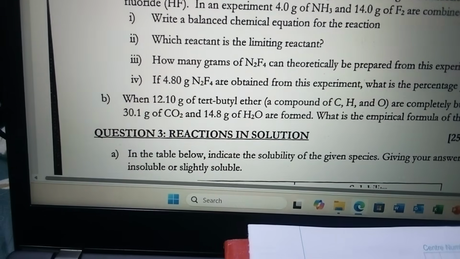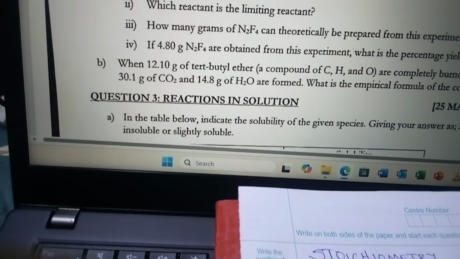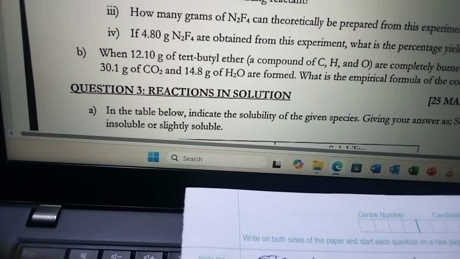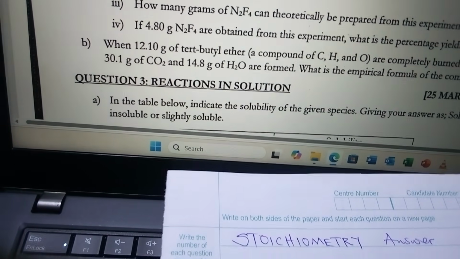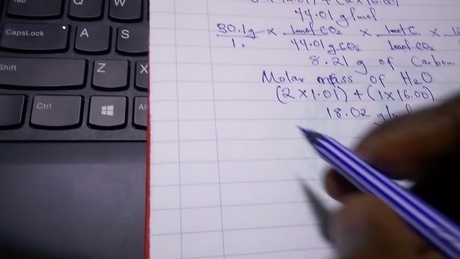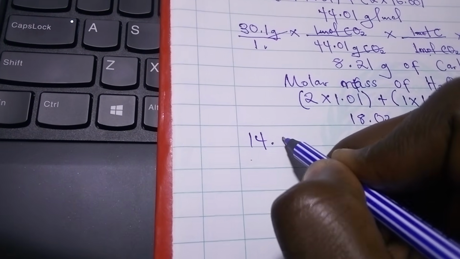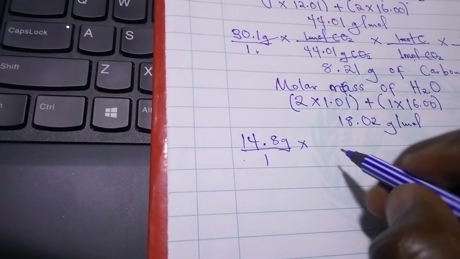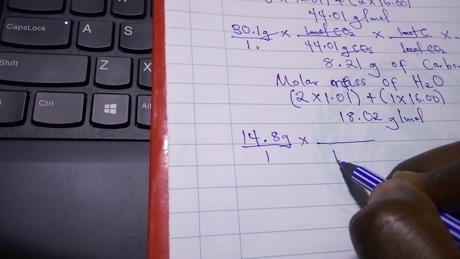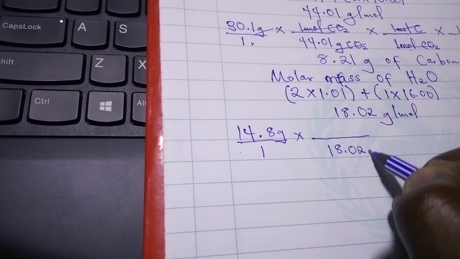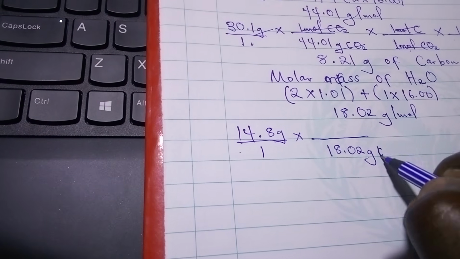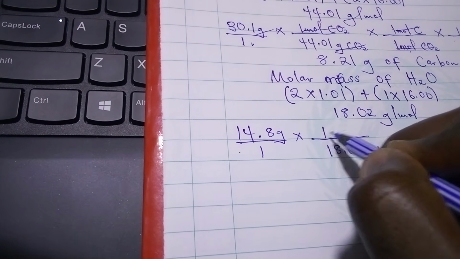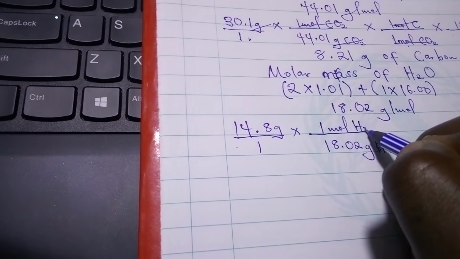From there, you have been given the mass of H2O that was formed. That will assist you in calculating the mass of hydrogen. So that is 14.8 grams over 1, cross multiplied with 1 mole of H2O over 18.02 grams of H2O.